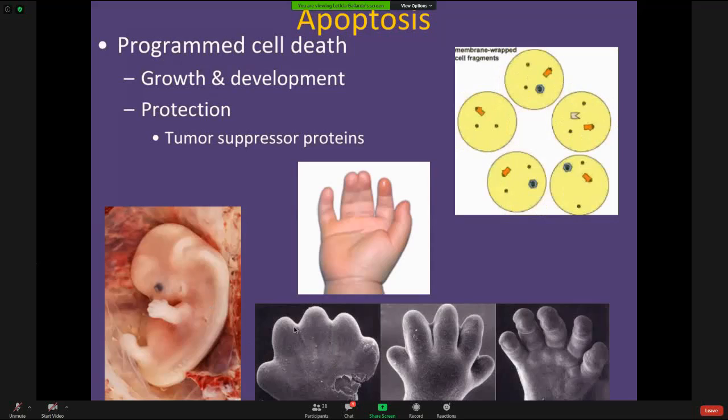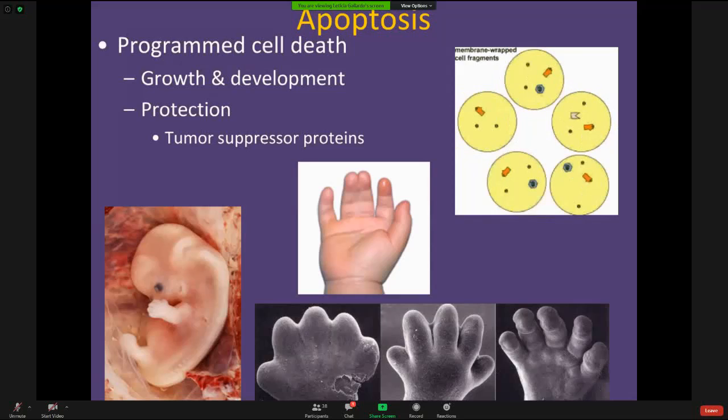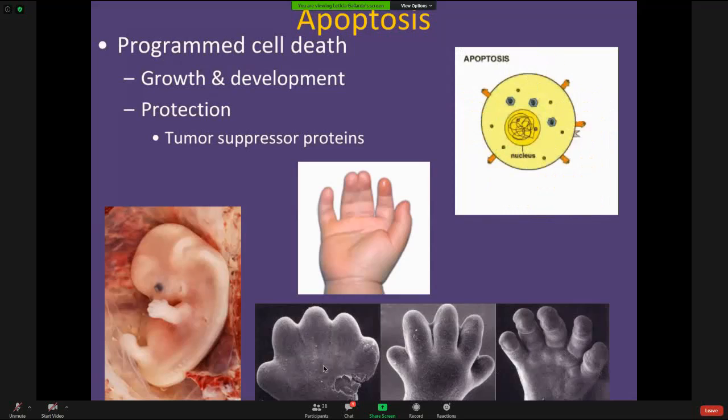And over that process, you're going to see an enhanced rate of mitosis at the tips of each of these lobes. And then you're going to progressively see apoptosis happen in between to separate out the digits. So this happens when you're making fingers or toes or legs or when you're separating arms off of the torso. Apoptosis is really important for development.